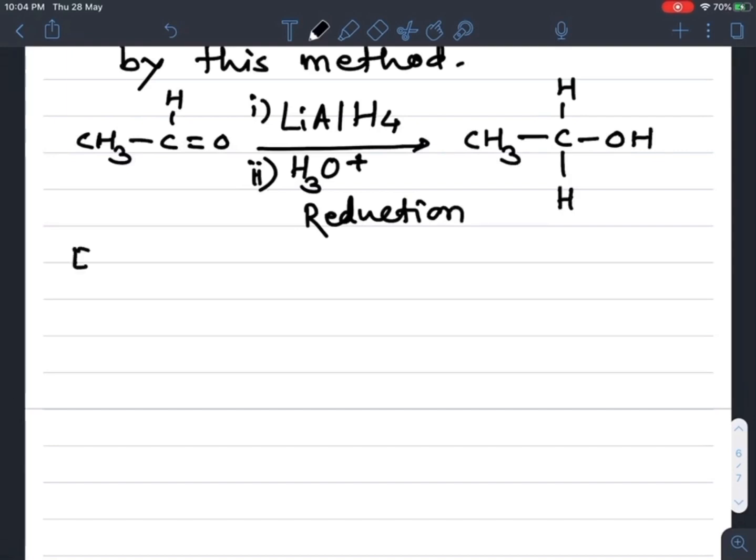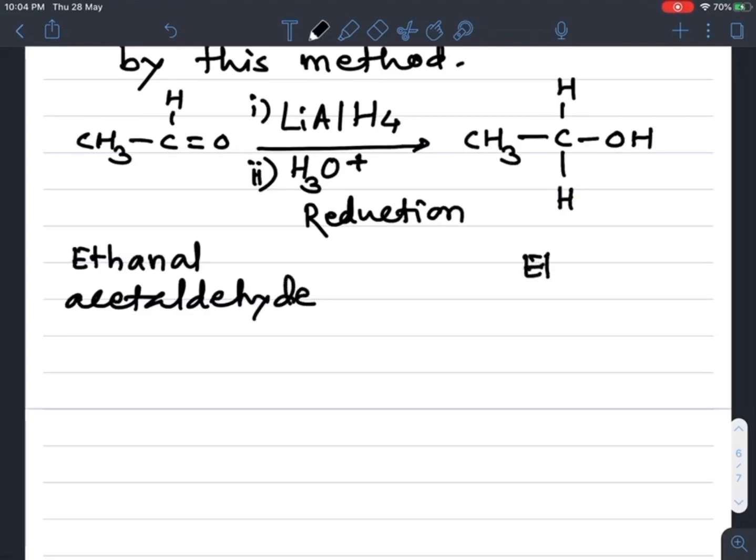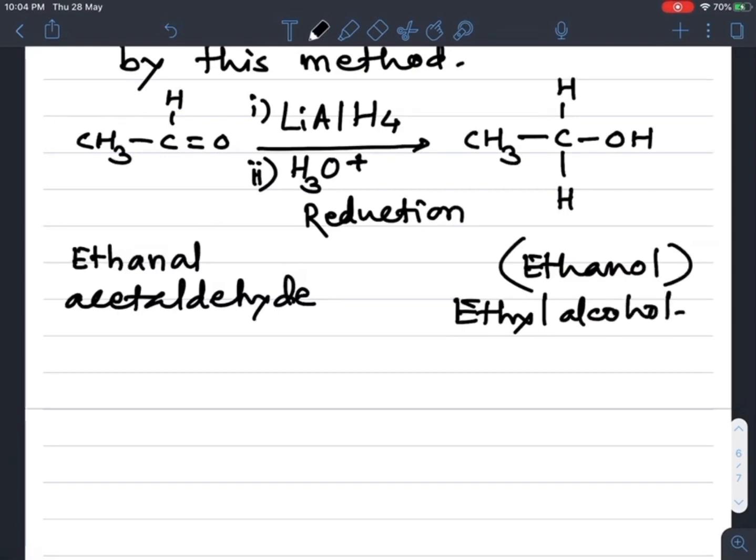So ethanol, or acetaldehyde is converted into ethanol, or ethyl alcohol. Okay, so reduction takes place by any reducing agent, either hydrogen gas, LiAlH4 or NaBH4. We get its corresponding primary alcohol.